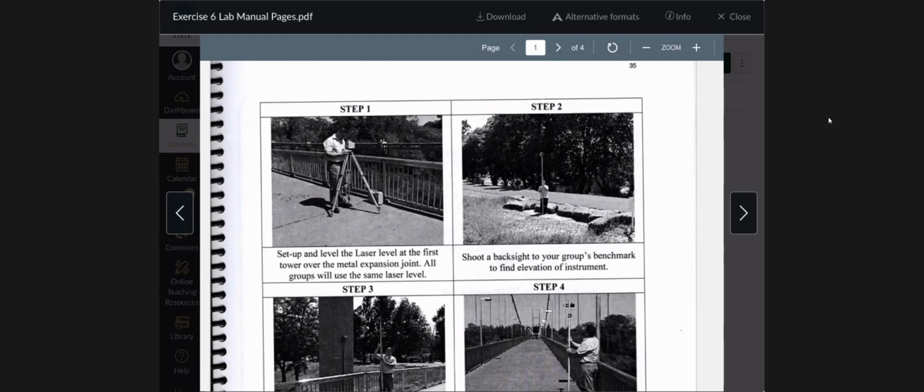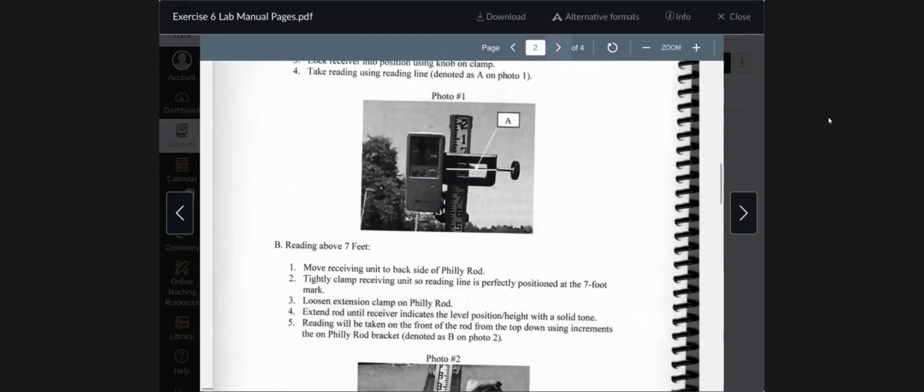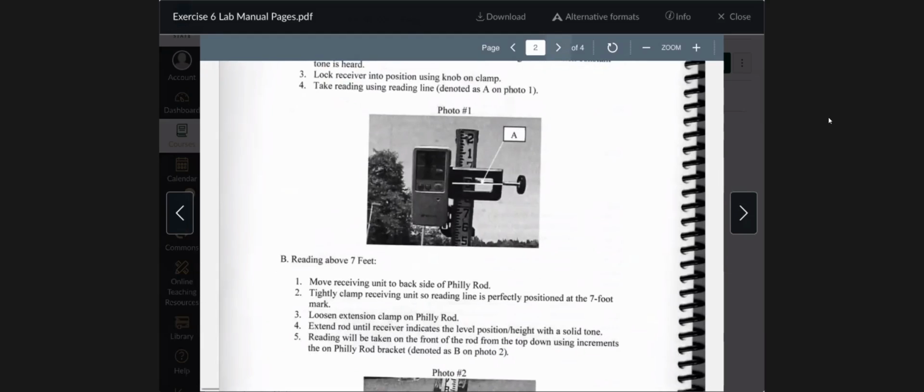I'm going to go down and show you a picture here of what the receiver looks like. Right here in photo 1 is a picture of the receiver. Up on top, there's a little window.